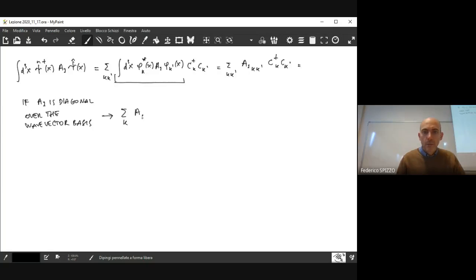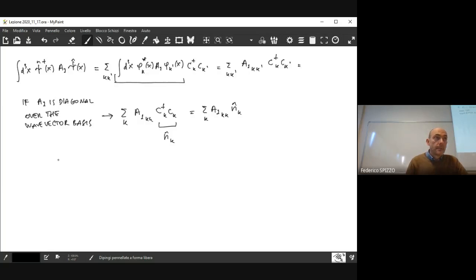So we have the one-body operator k, c cross k, c k. And this is the number of particle operator. So we have a summation over k of the one-body operator element k, and n k.